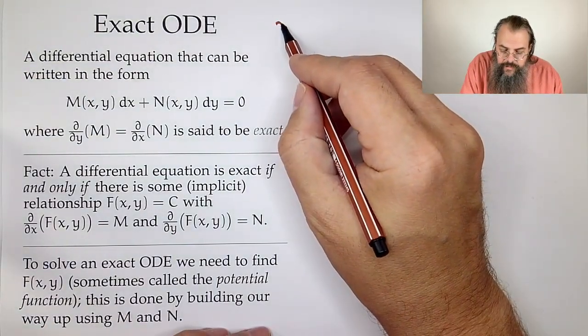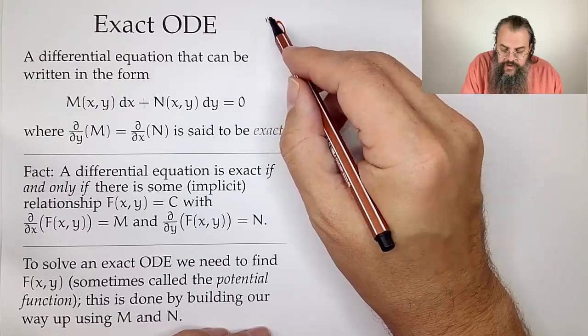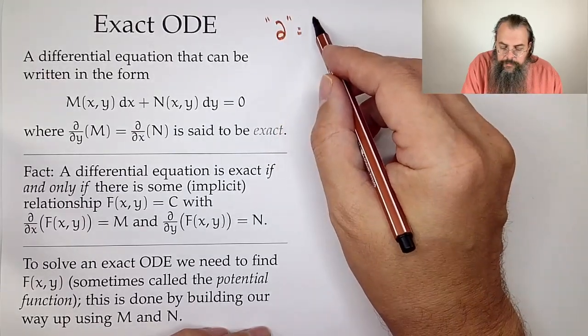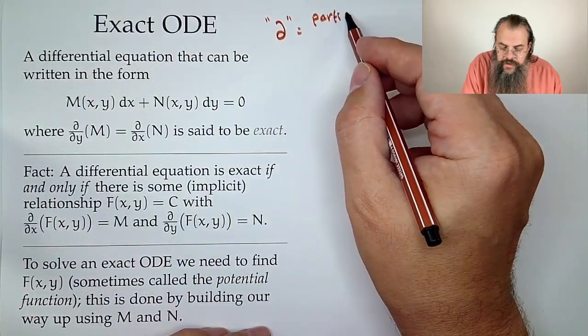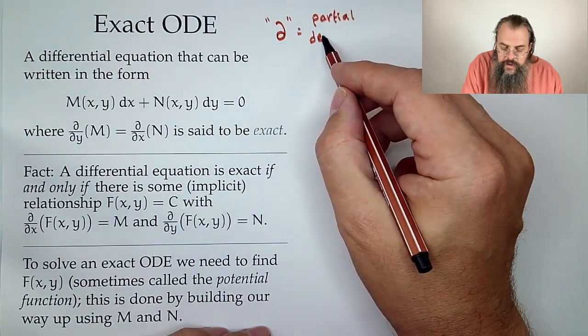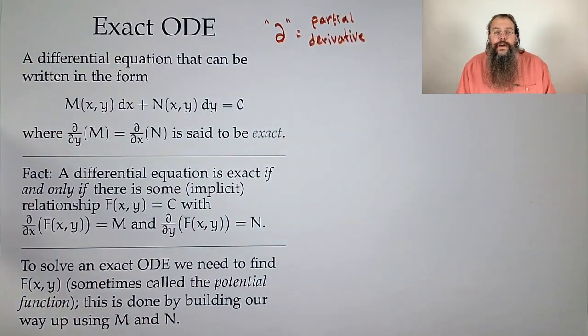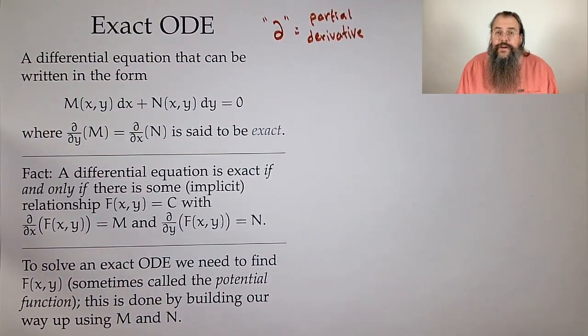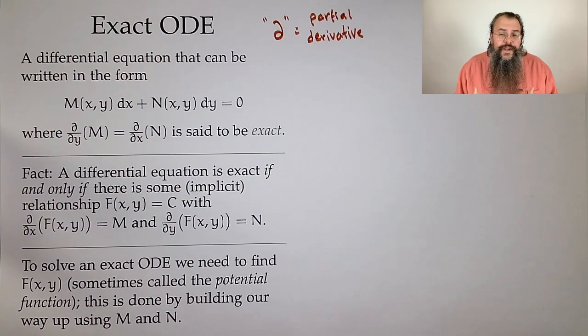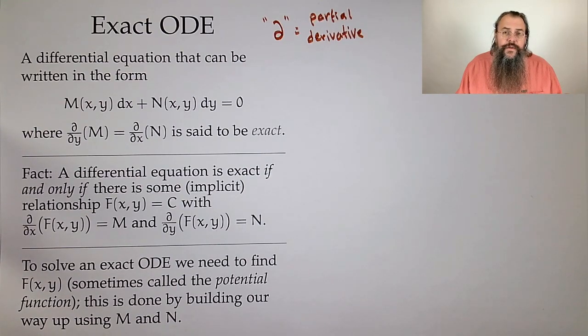So when you see this symbol right here, this stands for what we call a partial derivative. And the idea is fairly simple. It's like a derivative, but we're not taking derivative of everything, we're taking derivative of part of something. And in this case, the part here is referring to the variables.